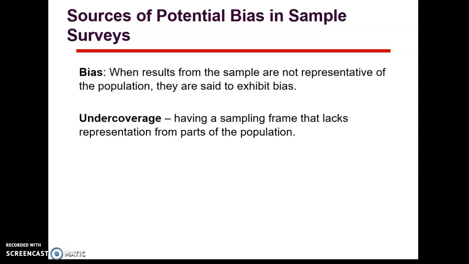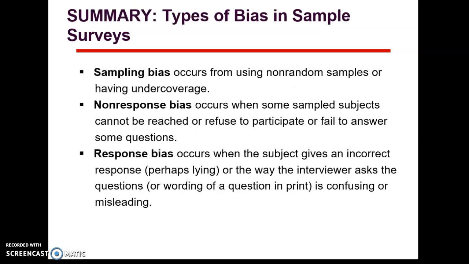Odds are you're going to find people say they like chicken more, but perhaps not. But that would be some type of bias that could exist at least. Undercoverage, if you do a telephone survey and you don't include landlines, you're probably not getting representation from the older population in the United States. So sampling bias occurs from using non-random samples or having undercoverage.